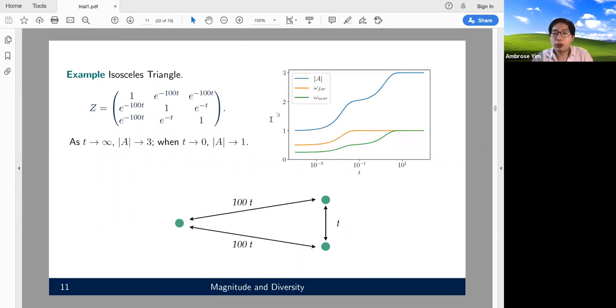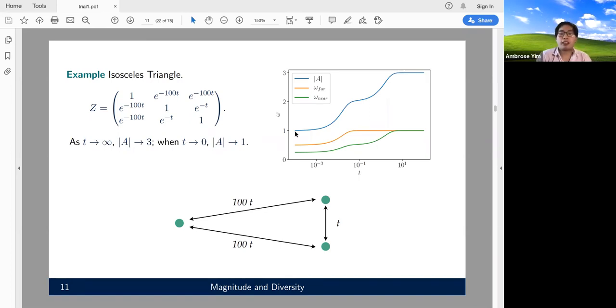And we see that in the magnitude. The blue line is the overall magnitude, and t is the x-axis. As we increase t from 0, near 0 it's 1, it's counting 1 point where all points are very close to each other. As we increase t, at some scale we get a magnitude of around 2.